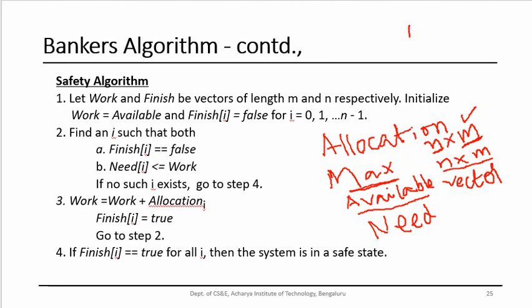Suppose there are three types of resources A, B, C, then if available is, let's say, 3, 2 and 5, it means that after the allocation of some of the instances of these three types of resources, three instances of type A are available, two instances of resource type B are available, and five instances of resource type C are available.